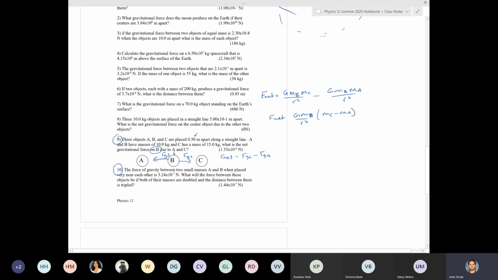Okay, so notice how GMB over R squared is the same for both. So if you factor those out, you're left with MC minus MA. If you multiply this back in and distribute, you get the exact same thing.